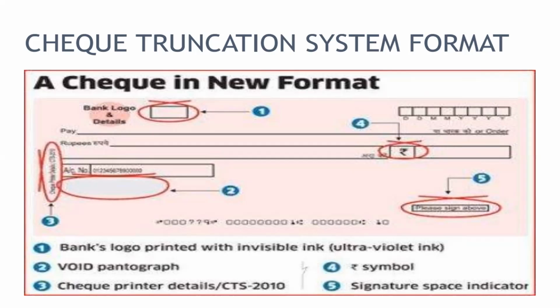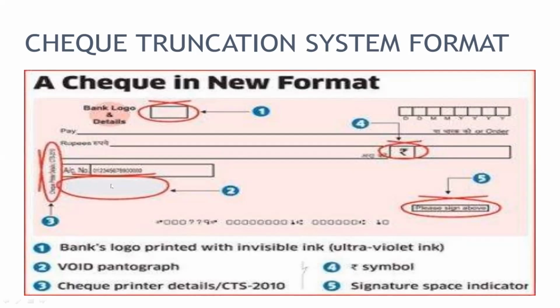One is the bank logo. Whenever the scanning is made of any check in any branch, this represents the logo. This is read by the scanning machine, and it will identify which bank it is because it has a magnetic layer of its own.